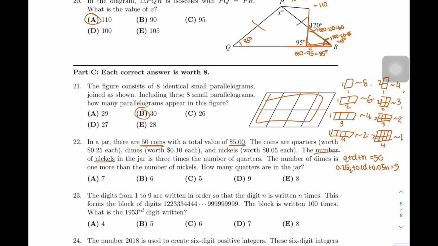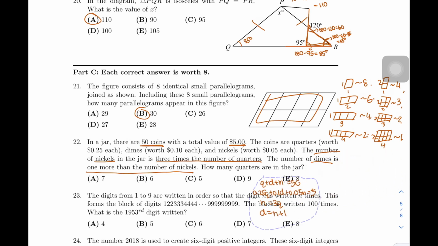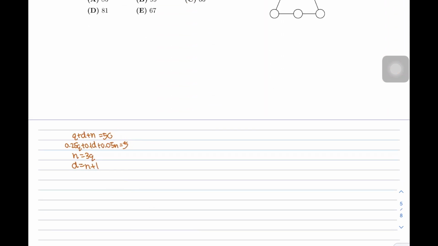Then we know that the number of nickels is 3 times the number of quarters. So N equals 3Q, and the number of dimes, D, is 1 more than the number of nickels, equals N plus 1. So we're going to use these equations and try to get Q, which is the number of quarters.